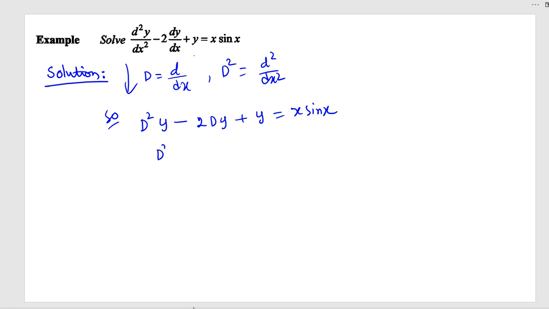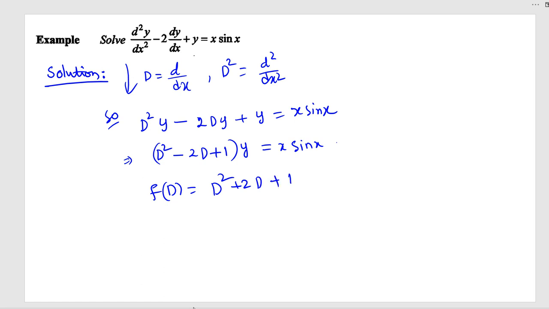So we get (D squared plus 2D plus 1) y equals x sin x. Here f of D is D squared plus 2D plus 1.